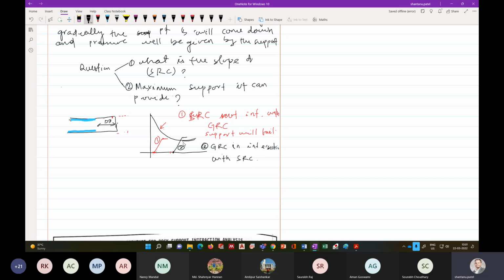This is your ideal kind of situation, where the support reaction curve is a little bit above the ground reaction curve. And here, if you draw a line, this deformation of the tunnel will be your final deformation.